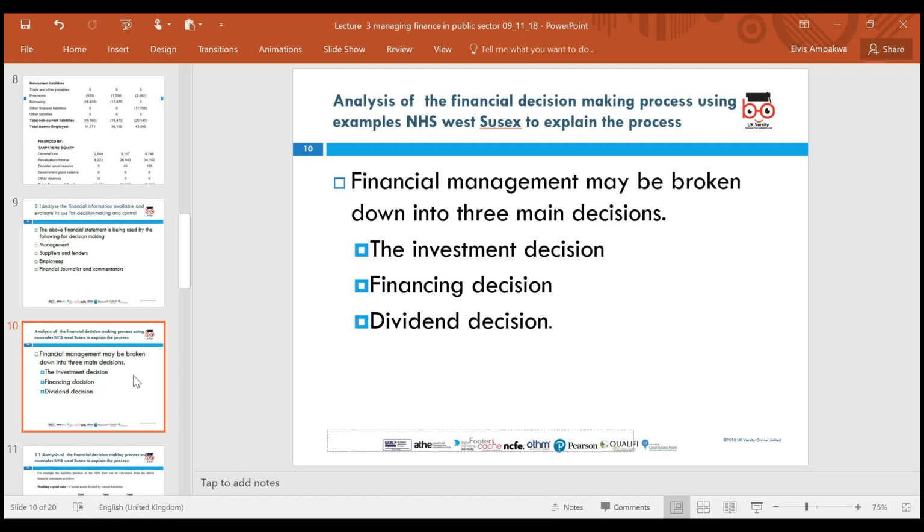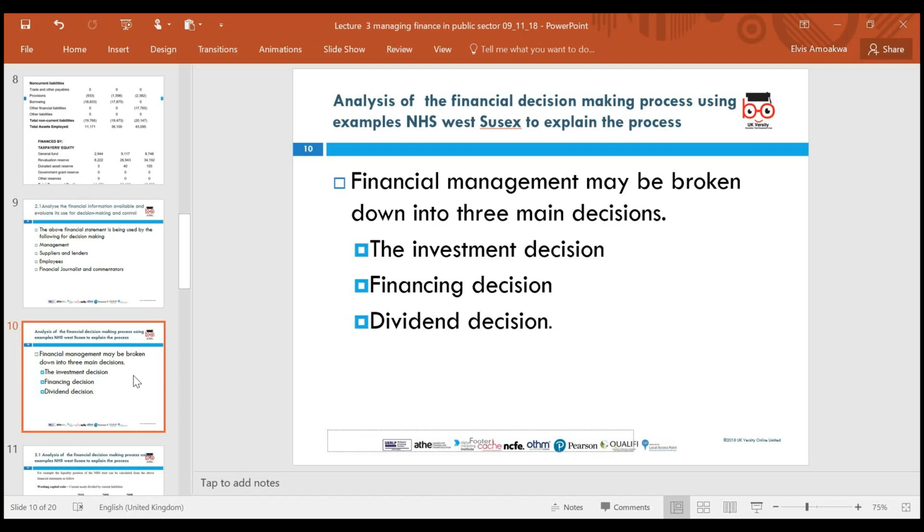If you look at the investment decision, if I want to put my money in the trust, I'm going to look at their financial statement, look at the profit they've been making for subsequent years, and then decide, is it worth putting my money in? So for investment, we need the financial statement.